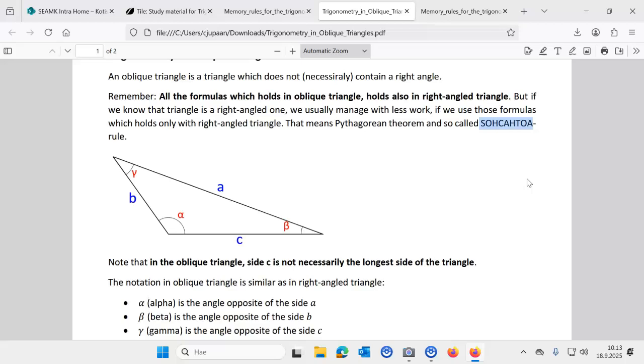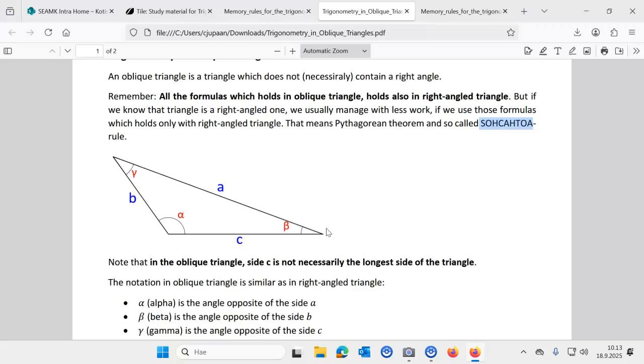You may choose which ones we know: A, B, C, alpha, beta, gamma. Just tell me, like random. A, B, beta.